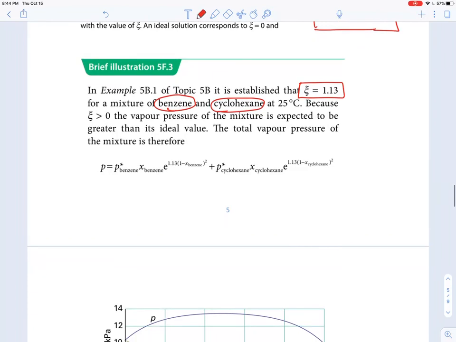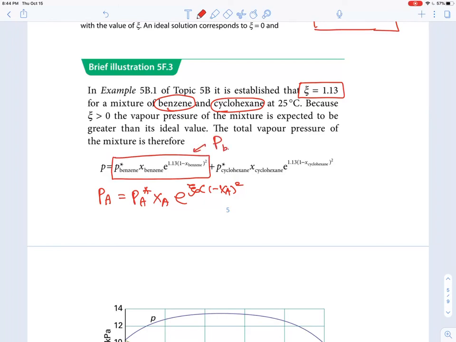And then I can essentially use PA, and if A is benzene, then PA is PA star times xa times e to the psi times 1 minus xa squared. So that's the vapor pressure of benzene. And then this is the vapor pressure of the cyclohexane.